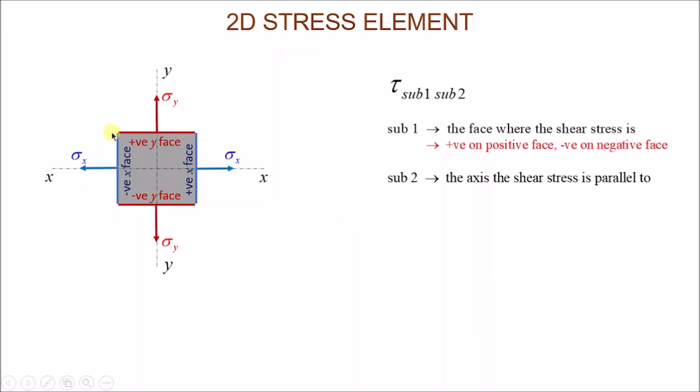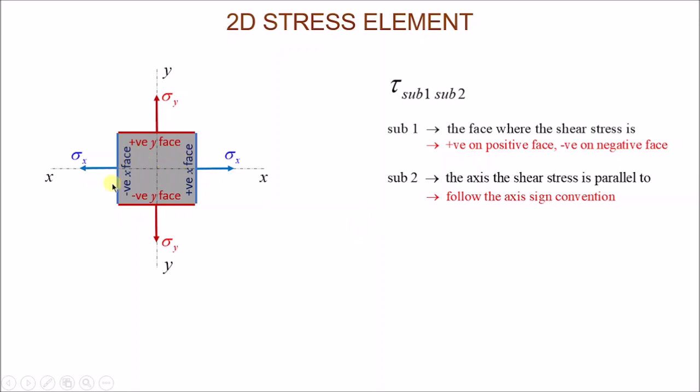Again, if my shear stress is here, you will see that it is parallel to the y-axis. So in this case, the second subscript that I will have for my shear stress will be y, because my shear stress here is parallel to the y-axis. And the sign of my shear stress will depend on the axis sign convention.